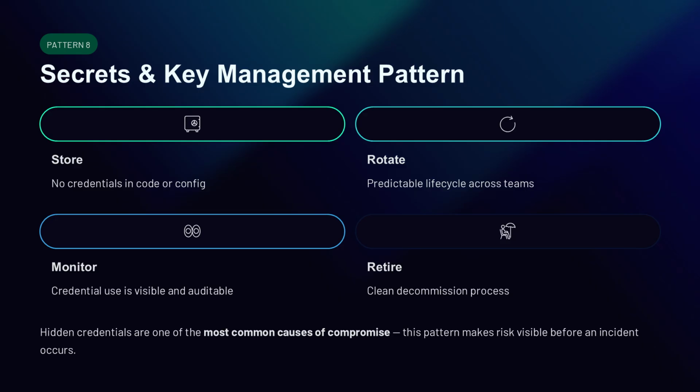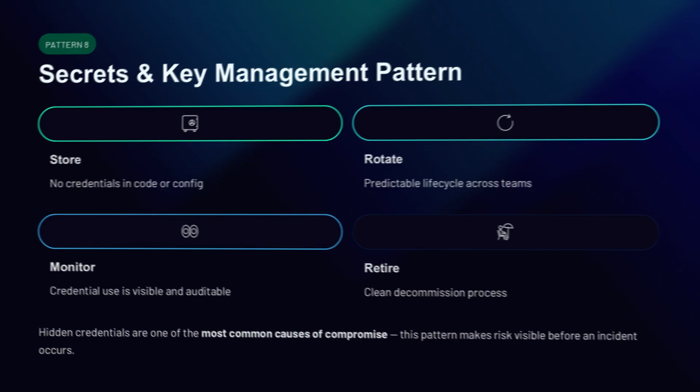It also clarifies how systems authenticate to each other without embedding credentials in code or configuration. This pattern is a leadership enabler because it reduces systemic risk that is otherwise invisible until an incident occurs. It is also an operational enabler because credential lifecycle becomes predictable and manageable across teams.